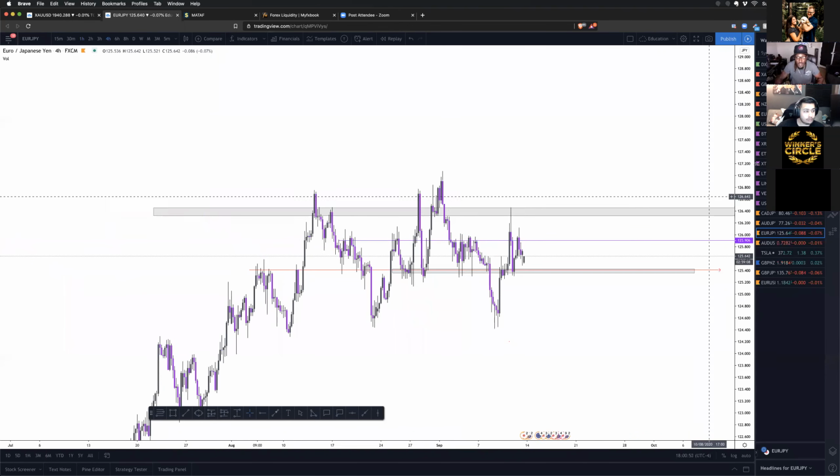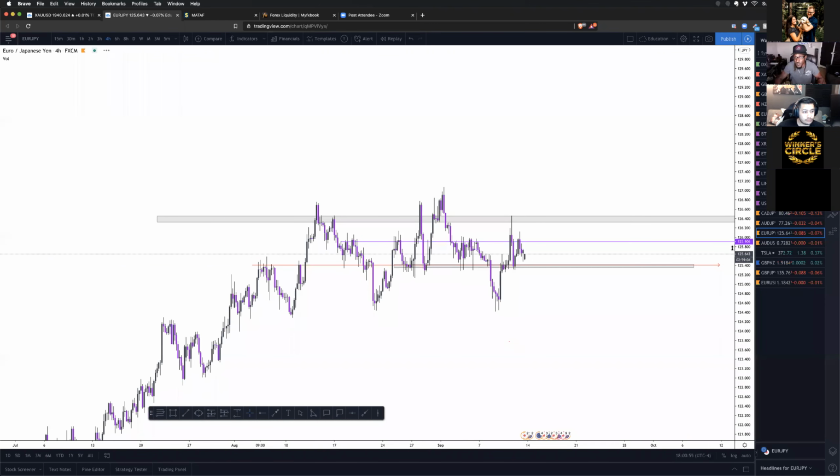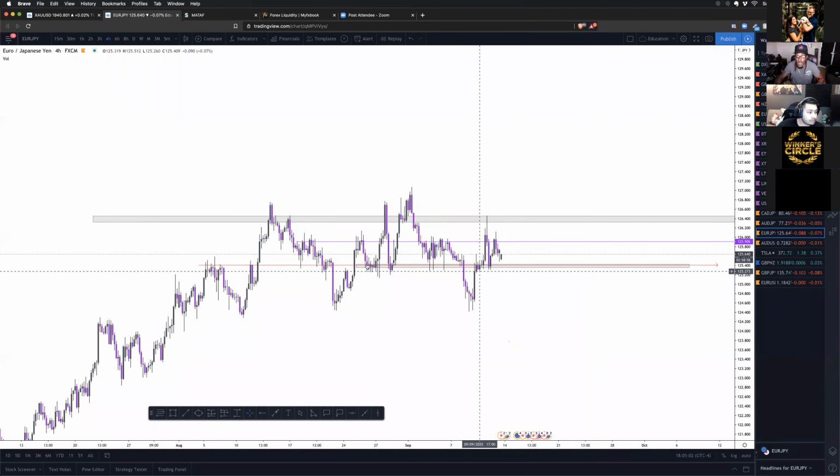But when it comes to like GJ or Pound Aussie, I know those price points because those are pairs that I actually trade and back test, and I know how price reacts. But right now, looking at Euro Yen, this is a very strong region from 125.350 to call it 126.